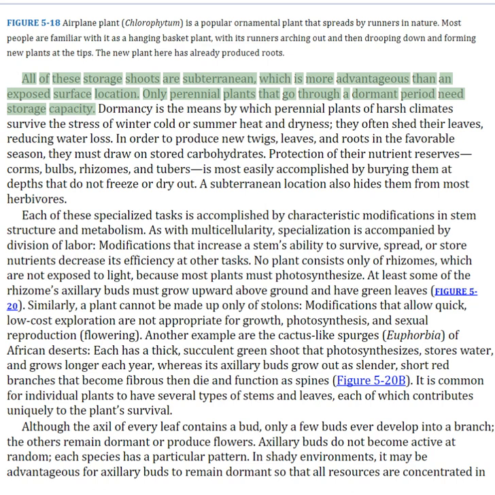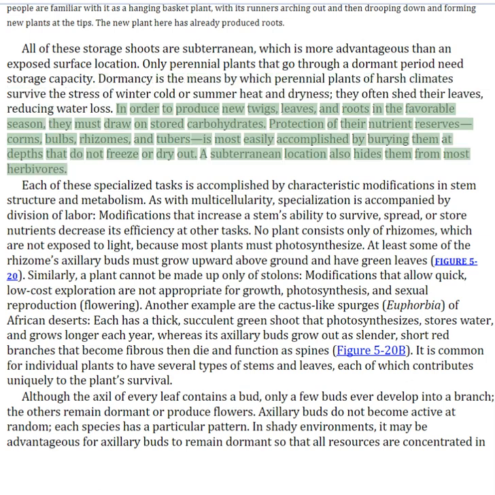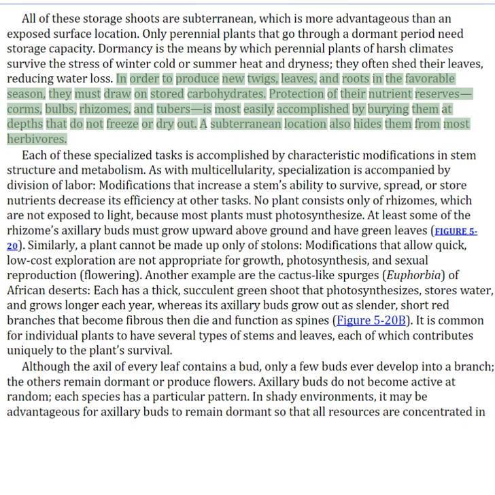All of these storage shoots are subterranean, which is more advantageous than an exposed surface location. Only perennial plants that go through a dormant period need storage capacity. Dormancy is the means by which perennial plants of harsh climates survive the stress of winter cold or summer heat and dryness. They often shed their leaves, reducing water loss. In order to produce new twigs, leaves, and roots in the favorable season, they must draw on stored carbohydrates.